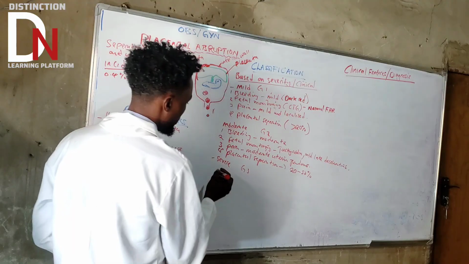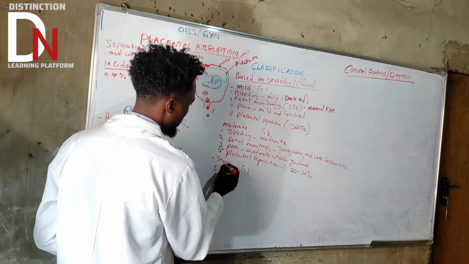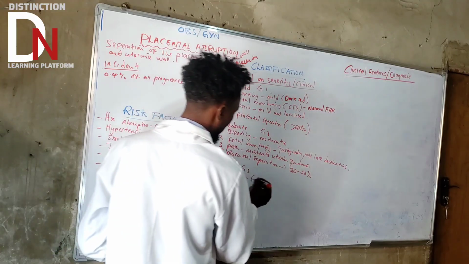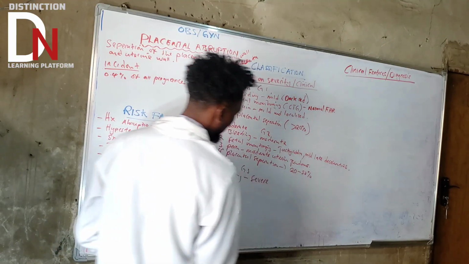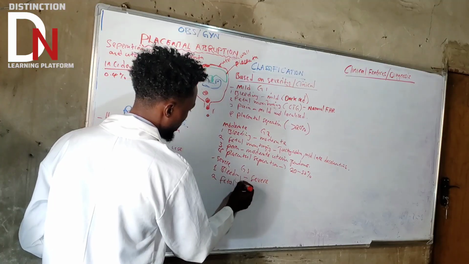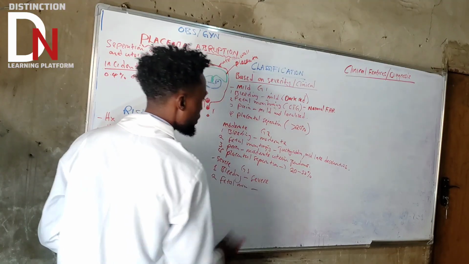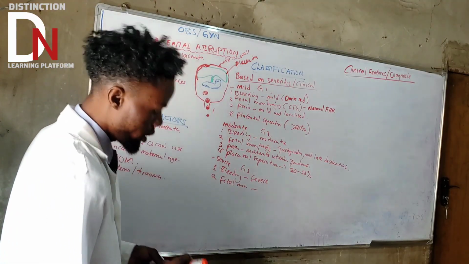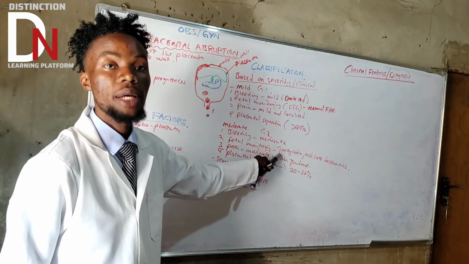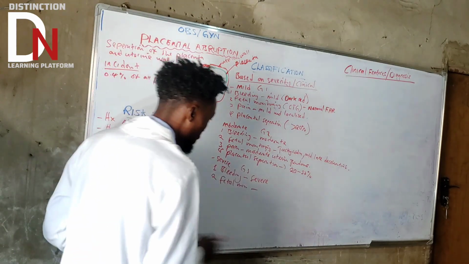The G3 is going to have also the same things. Bleeding, okay. The bleeding here will be severe. Then number 2, fetal monitoring. Now under CTG, instead of tachycardia, you're going to see bradycardia. Okay, very important one.